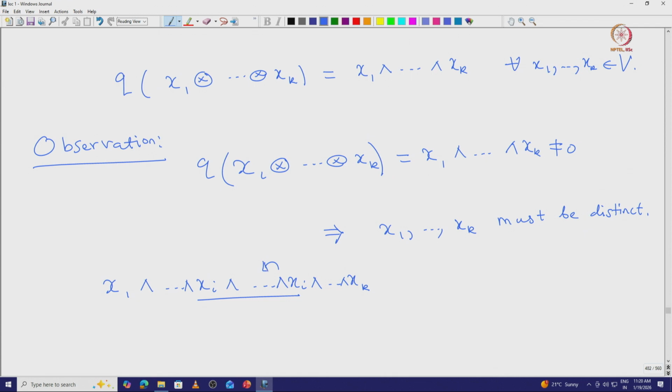If you switch, all you get is a negative sign. So up to a sign, you can switch these x's and bring them next to each other, and whenever xi appears next to itself, the product is going to be 0. And how are we going to justify that the switching gives a negative sign?